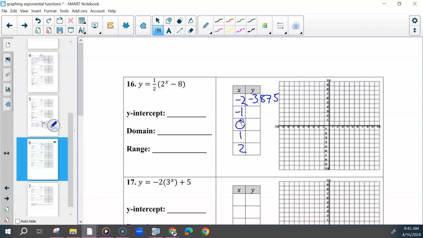Jade, do you have the next y value? Make sure you're putting that in the calculator. And the rest of these y values, what are they?